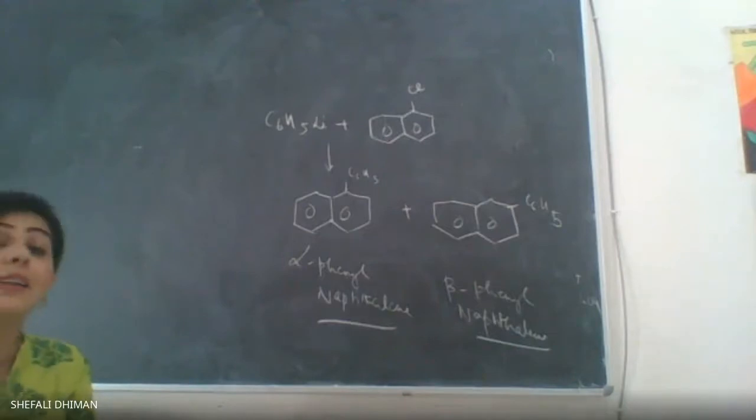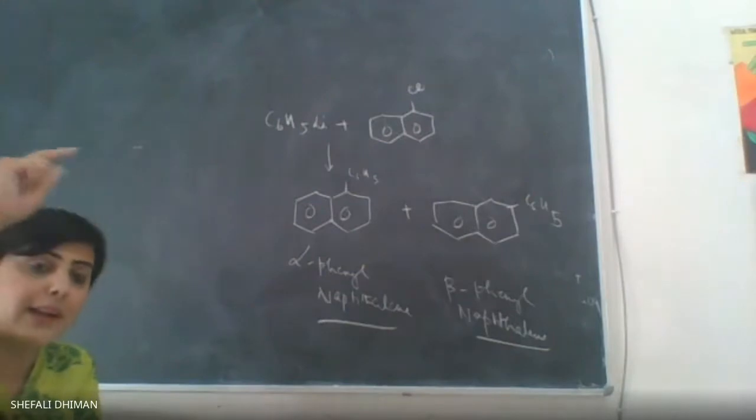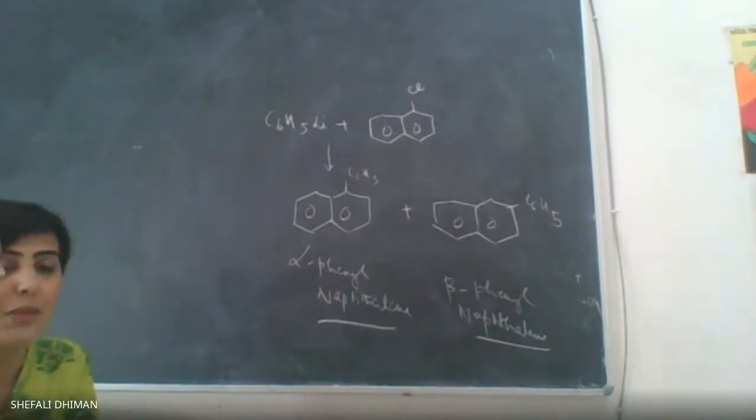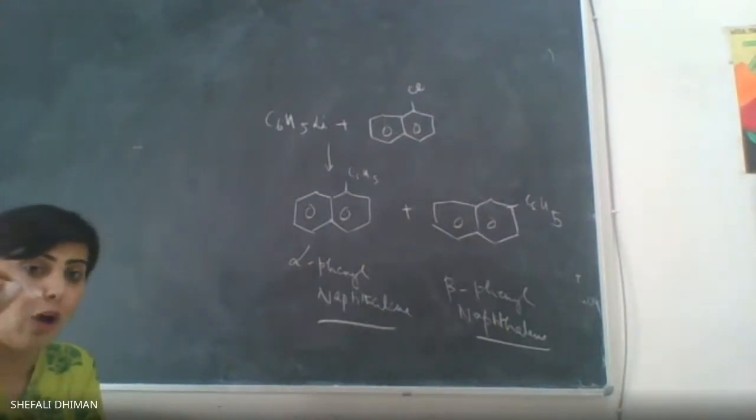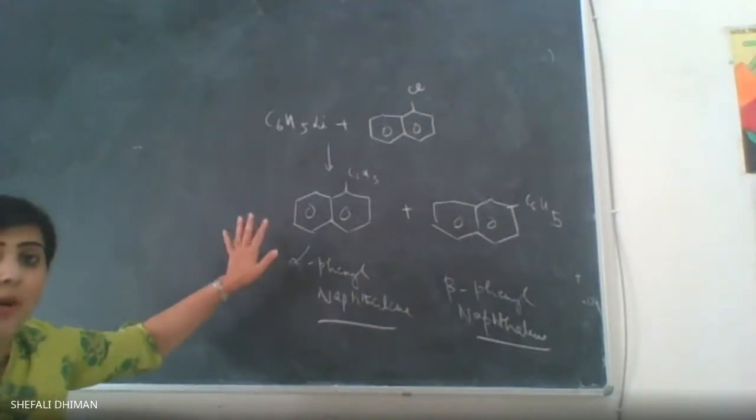So you can see the shortcoming of the Grignard reagent, the shortcoming that I wanted to prepare the 1,2 as a major product, but I did not form it.